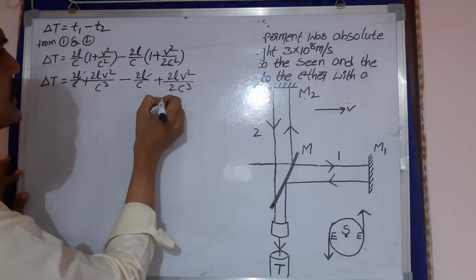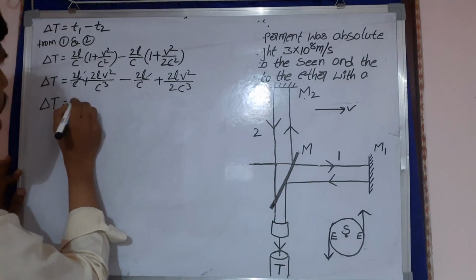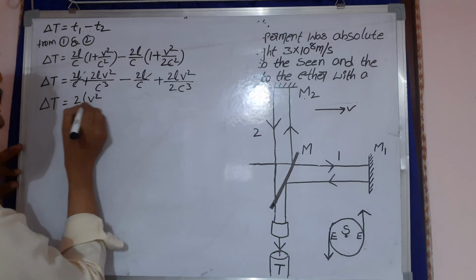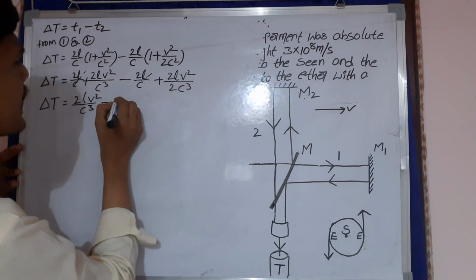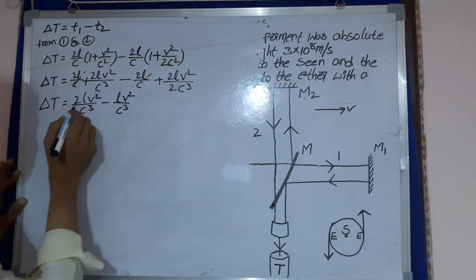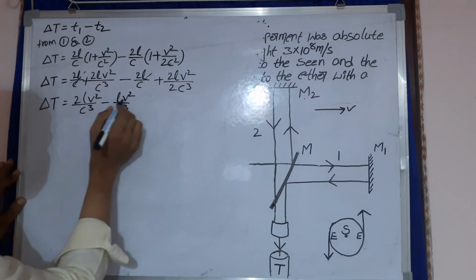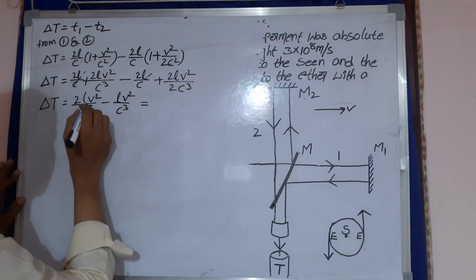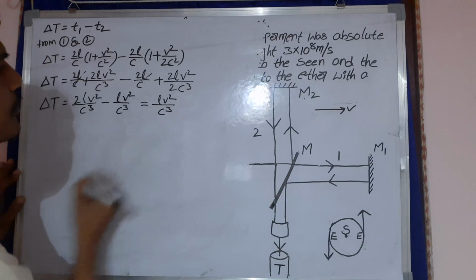So 2 cancelled. Remaining equation delta T equal 2L v square by c cube minus, 2 cancelled, remaining L v square by c cube. So these are two terms of L v square by c cube and this is the single term, that means 2 minus 1. So L v square by c cube.